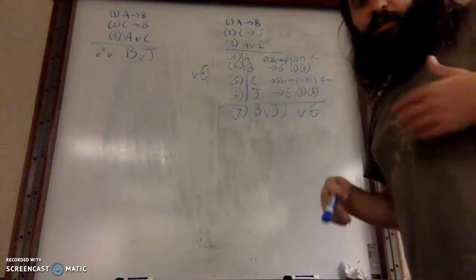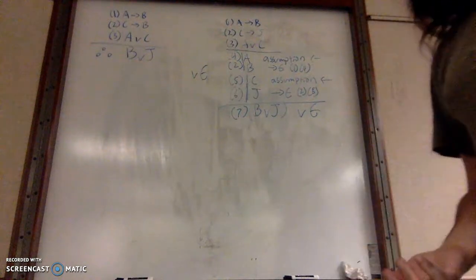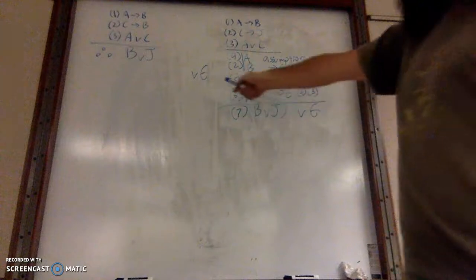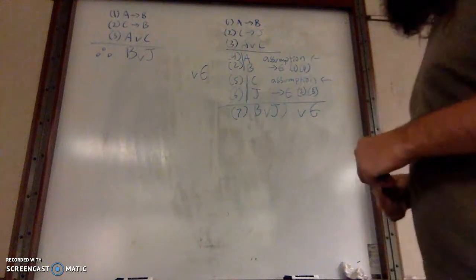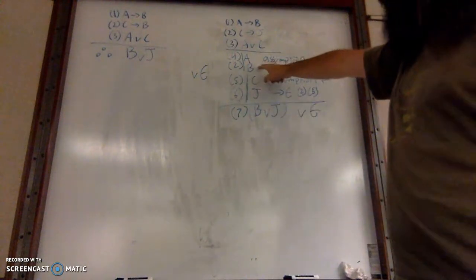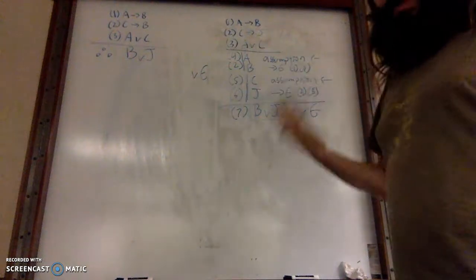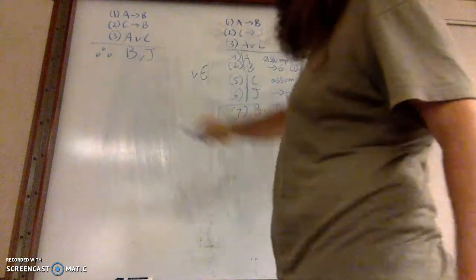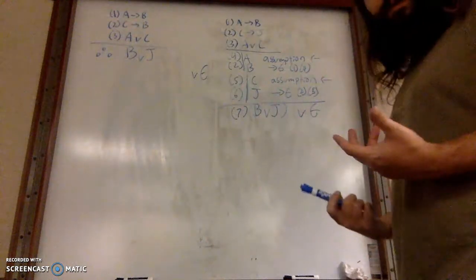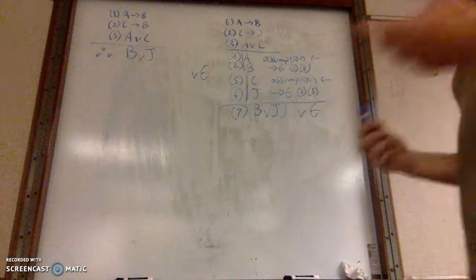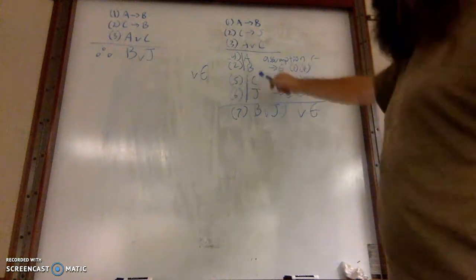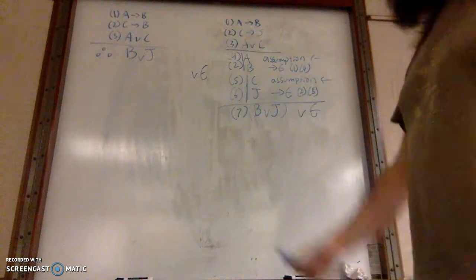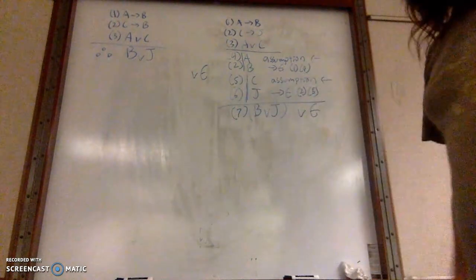So now we get a new disjunction instead of a single letter. Basically, the rule for a disjunction elimination is that you either end up with one value when both your assumptions lead to the same place. So that's when, if A then B and C then B, we're going to get B. Or we end up with a disjunction if the two arrive at a different place, right? And here they arrive at a different place. We get B and we get J, right?